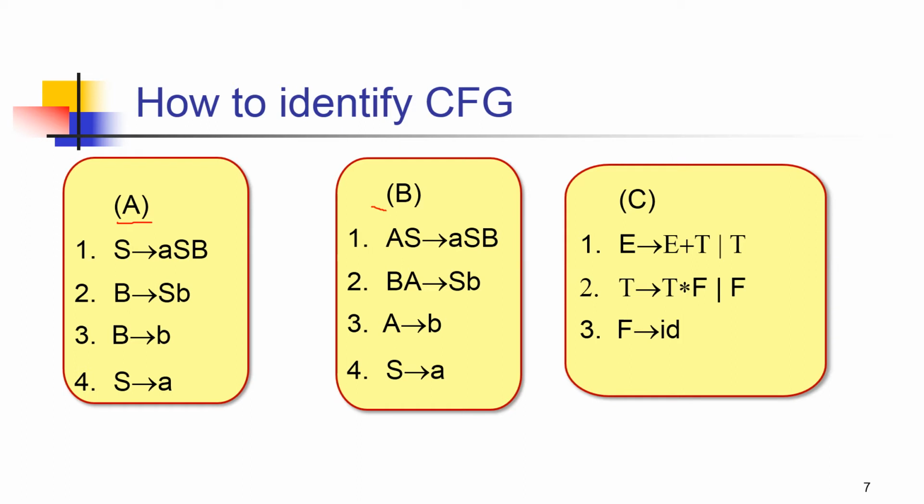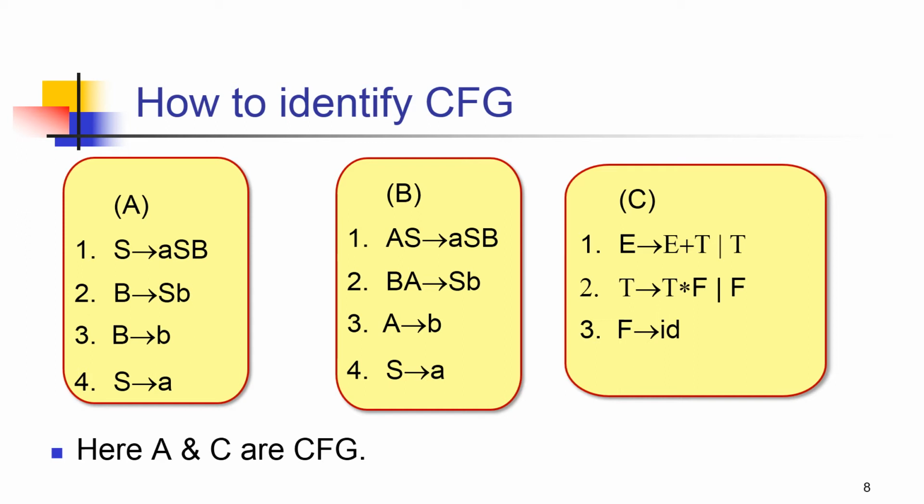Similarly, there are option B and option C. Now, can you identify which options represent context free? So the answer is A and C.